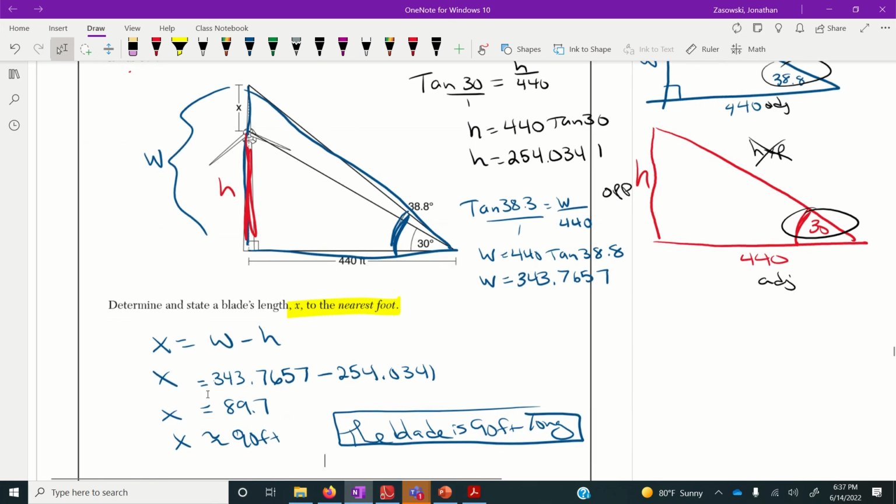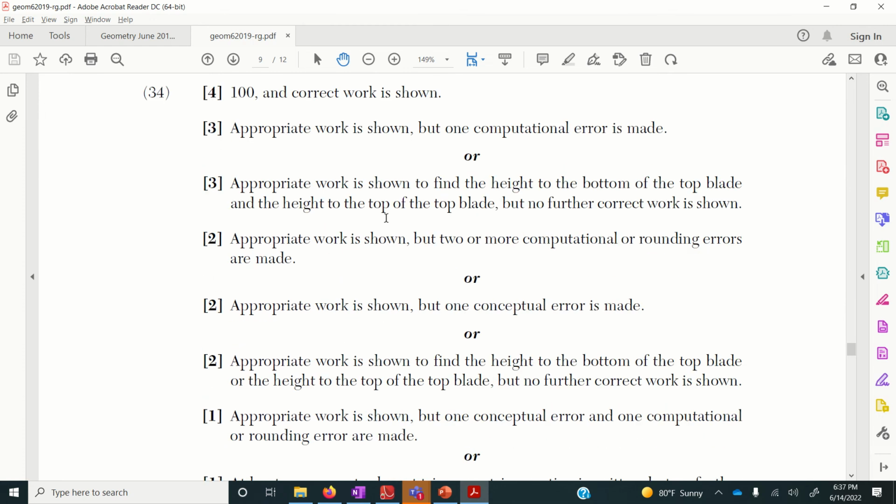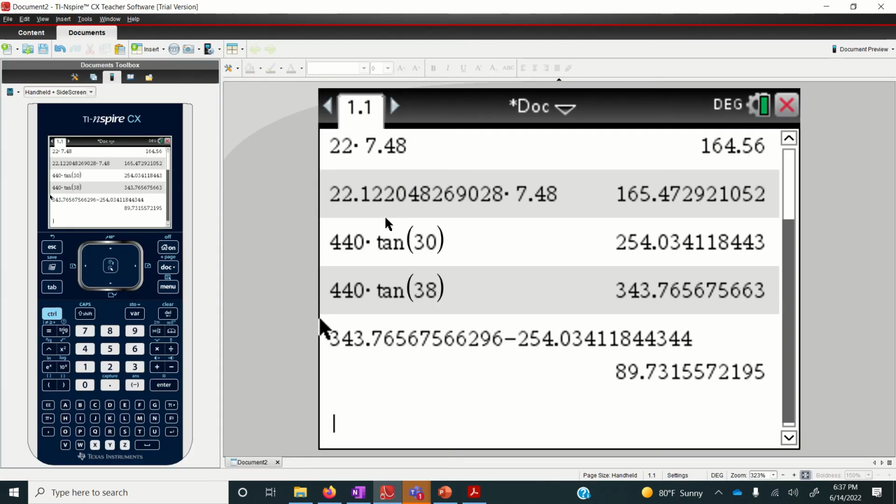Once again, if we take a look at, oh, they got 100. Let's go back and take a look. What did we do wrong?